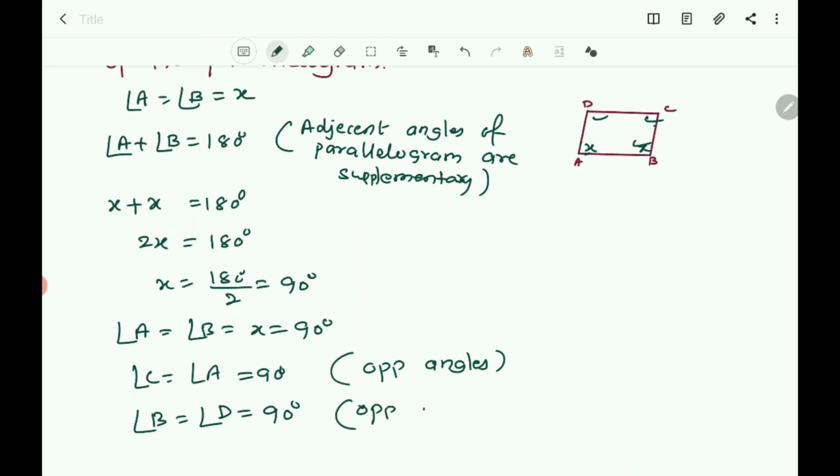Same reason: they are the opposite angles of a parallelogram. So all angles are right angles.